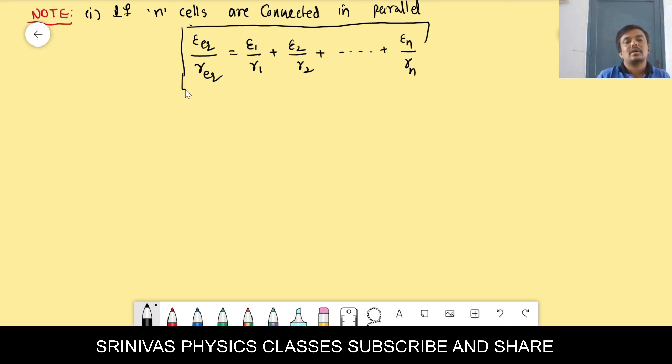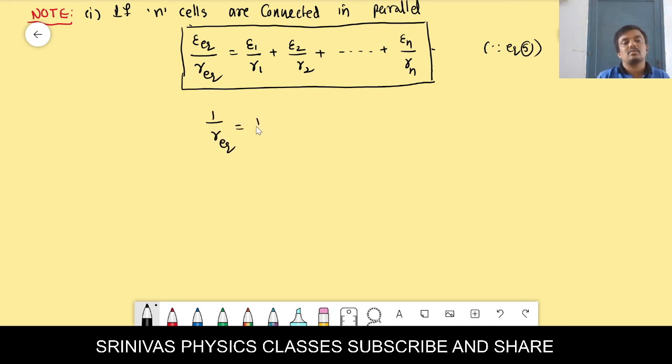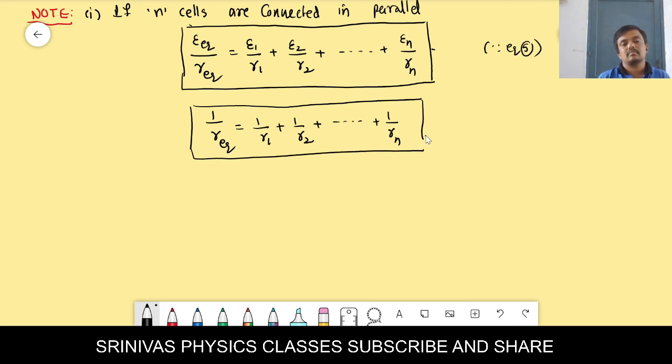And next I want the total internal resistance, right? In order to find the total internal resistance, we have to use this one. This is from equation 6 we are writing. The next equation we write for the internal resistance, that is 1 by R equivalent we write as 1 by R1 plus 1 by R2, and so on, up to 1 by Rn.